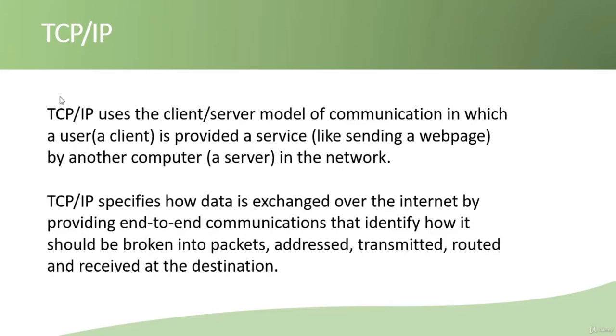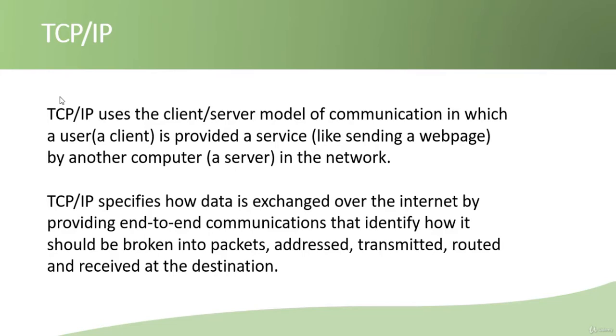Transmission Control Protocol and Internet Protocol are two types of protocol used in data communication. They basically tell how data is exchanged over the internet. First, our data is broken down into packets, and these packets are given a unique address.